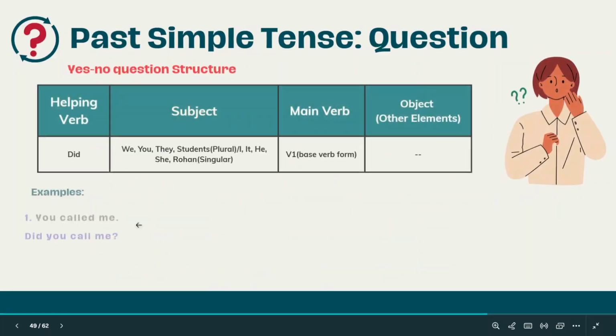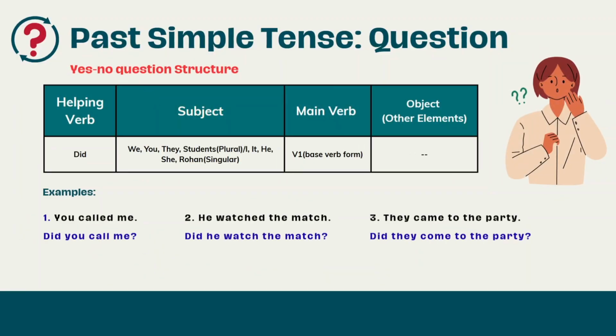Now it is time to look at how to make interrogative sentences or questions in the past simple tense. So just bring did first, then the subject, then followed by V1, the base form once again for the question also, then the object or any other element. You called me. This is an assertive sentence, right? How do I make a yes-no question out of it?